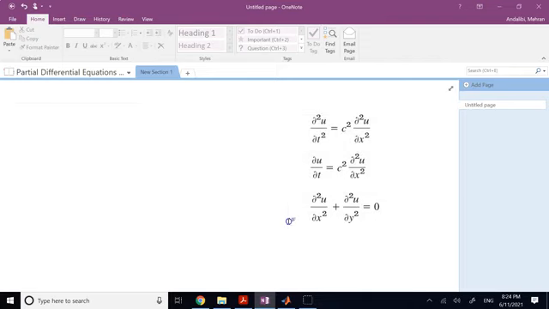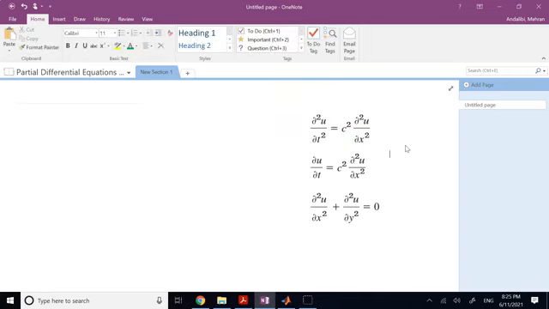So here are three of these equations that you see especially in mechanical engineering. The first one, the second partial derivative of u with respect to t is c squared times the second partial derivative of u with respect to x, where u here is the displacement, is what we call the wave equation in a one-dimensional media.